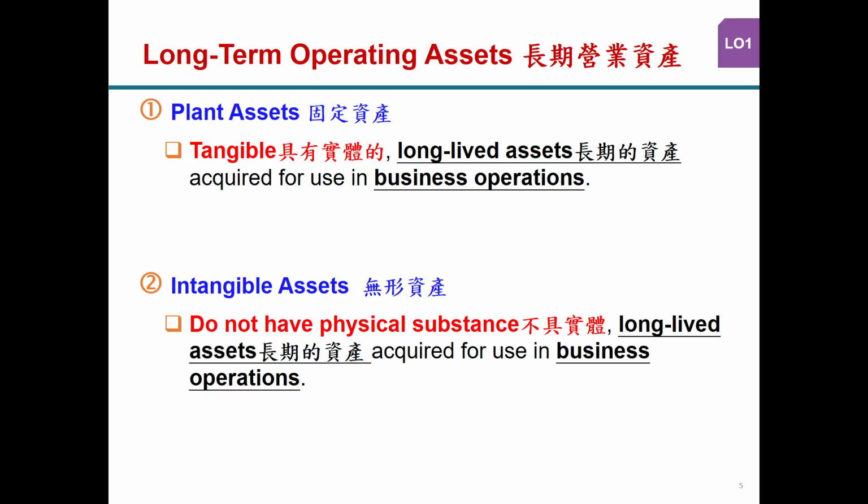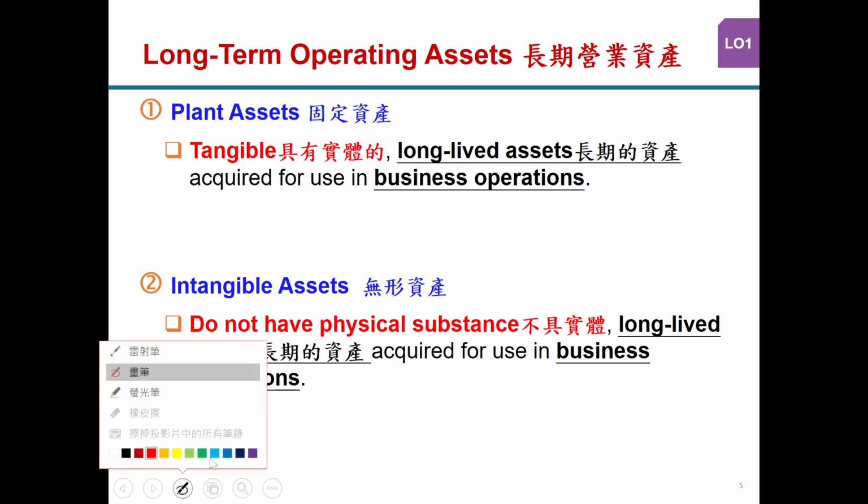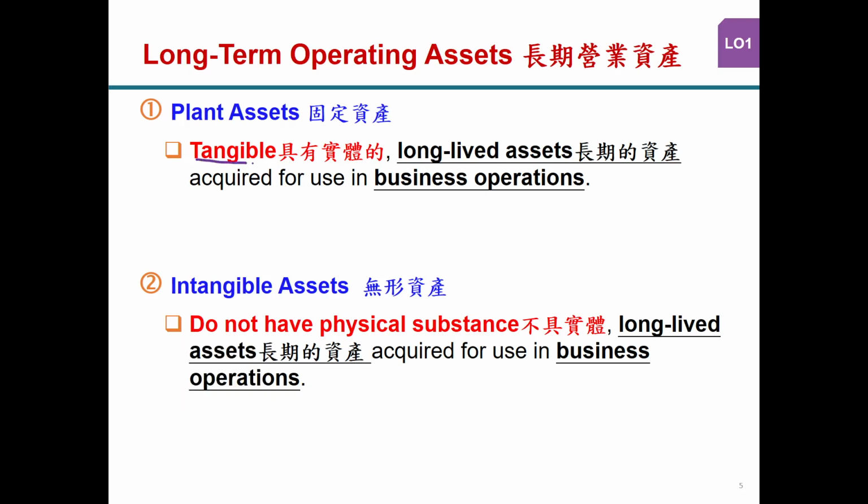You know what they look like. So there's PPE, plant assets. They are tangible, 实体的, meaning physical substance, 实体.